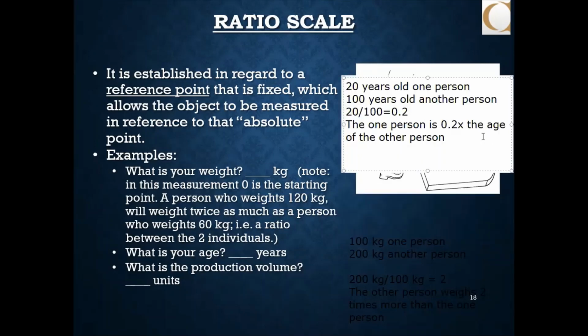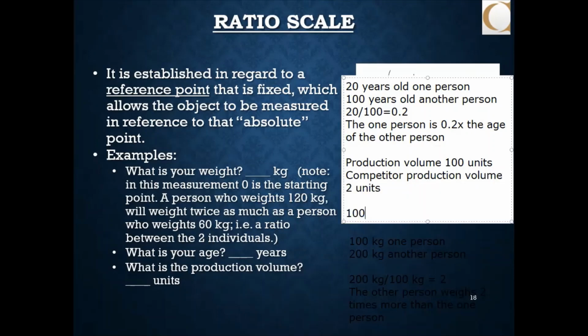And production volume: 100 units, competitor, 2 units, 100 divided by 2 equals 50.